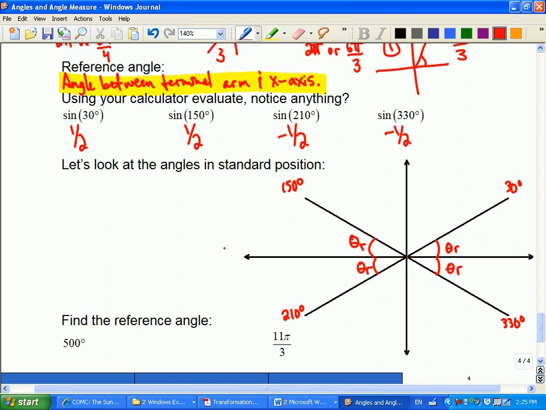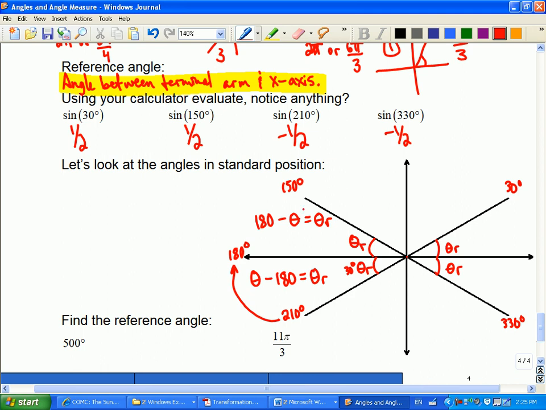People like this formula. I'm not going to say you have to use it, but if you look, this is 180 degrees here, and I'm taking away the angle. So if you know it's a quadrant 2 angle, 180 minus the angle will put you on the reference. If you have a quadrant 3 angle, you take 210 minus the 180, and it's going to give you these 30 degrees in here.